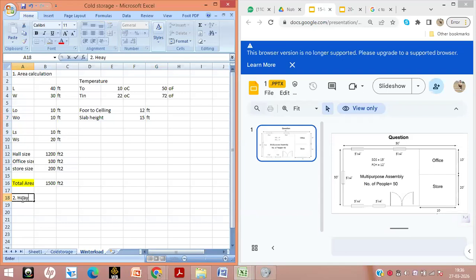Heat loss due to this particular wall we need to calculate. Let's consider windows are not there. Only this particular wall is present. What is the total area of wall through which heat will exchange? We need to calculate this.